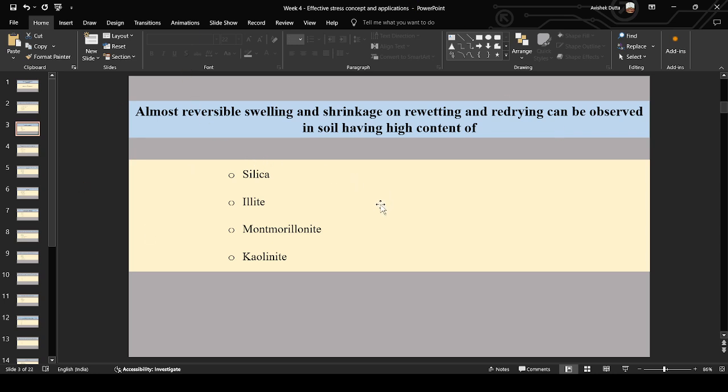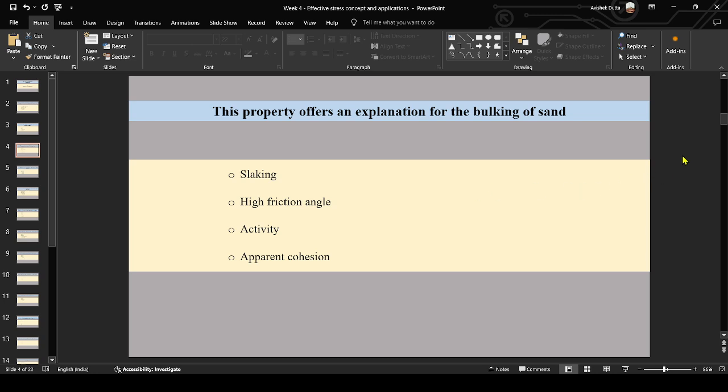Okay. Next question. This property offers an explanation for the bulking of sand.